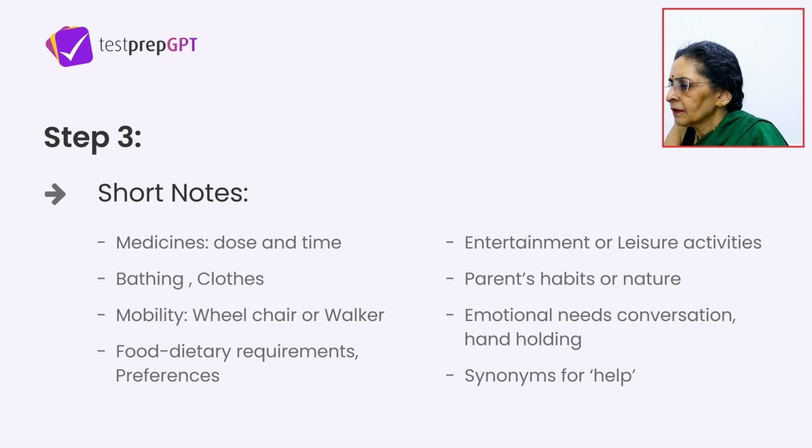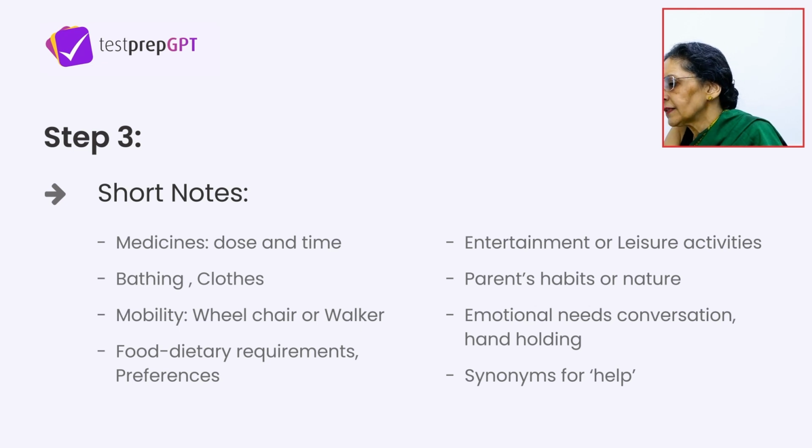Think of medicines that may require to be given, the dose, the time for giving the medicines. Do you think your parent is mobile and can walk or needs assistance, needs a wheelchair? What kind of food does your parent require? Do you have any ideas about the leisure activities for your parent?